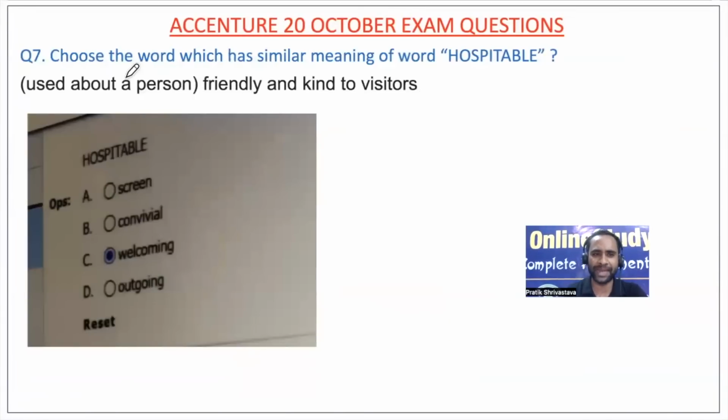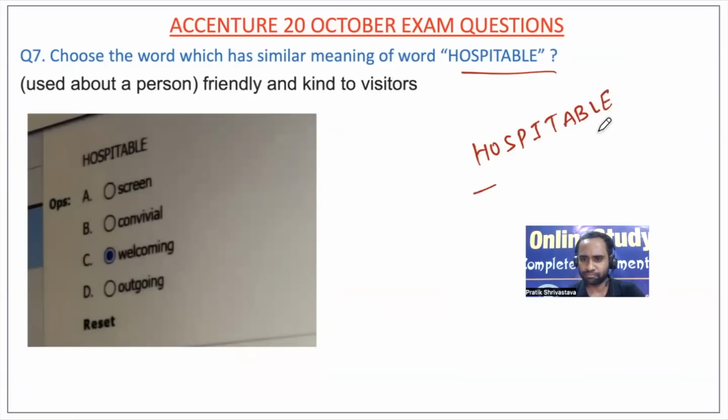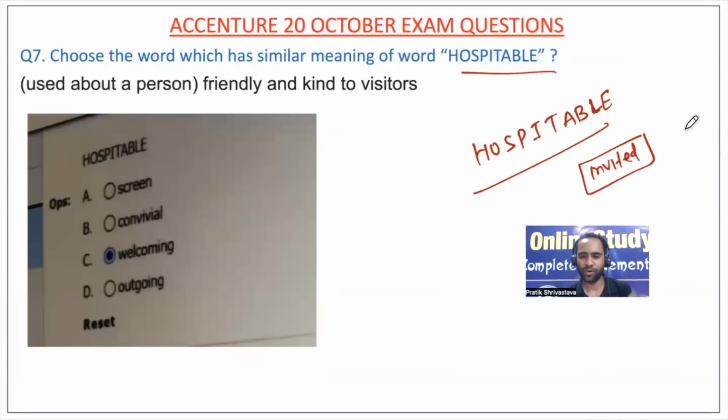Now we have some verbal ability questions. Choose the word which has similar meaning to the word hospitable. Friends, hospitable means you are getting more respect. Like suppose you are invited to some event and you go there, so you will have a kind of welcome.